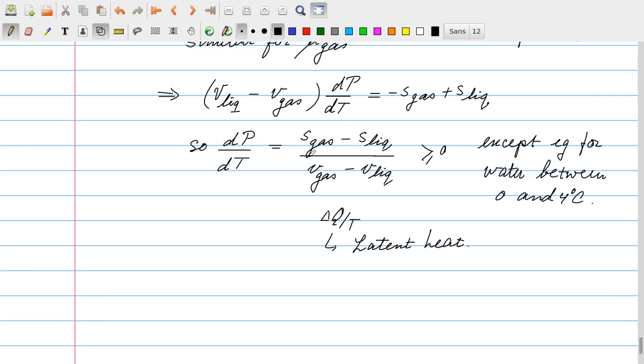I have to break them all, and so I have to put heat into it. That's this latent heat. And so if I compare that with the change in volume, then that tells me the slope of the phase transition line in the PT diagram, and this is known as the Clausius-Clapeyron equation.